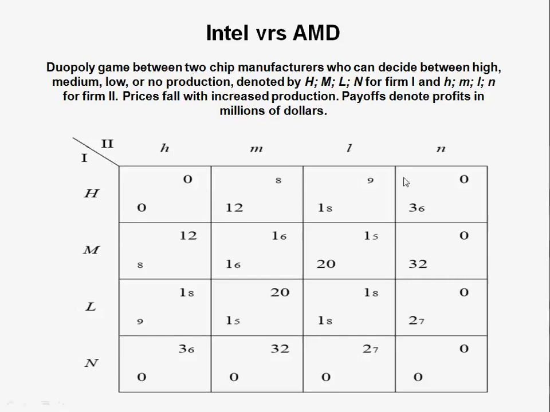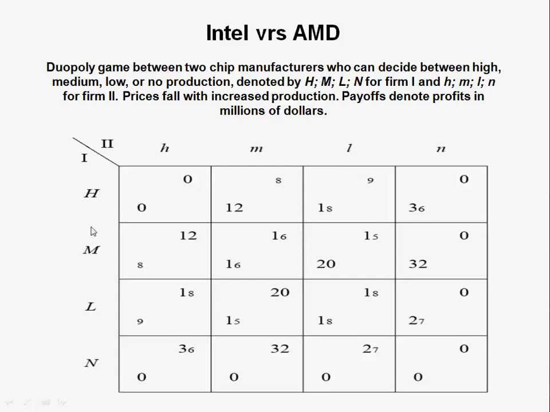If you produce very high, due to expansion in supply, prices will fall, and that's why you get 0 profit. If you do a medium production, you get 8 profit. If you do a low production, you get 9 units of profit.